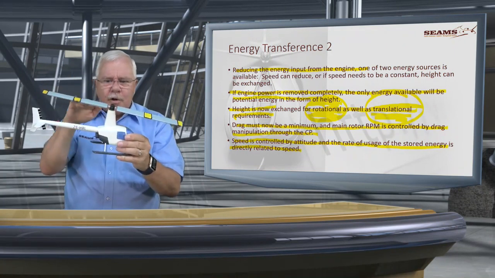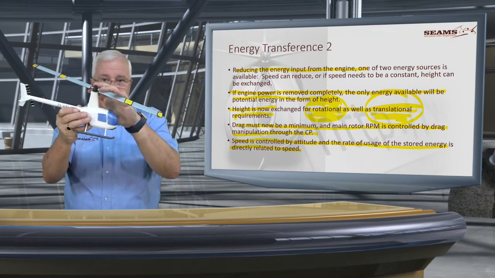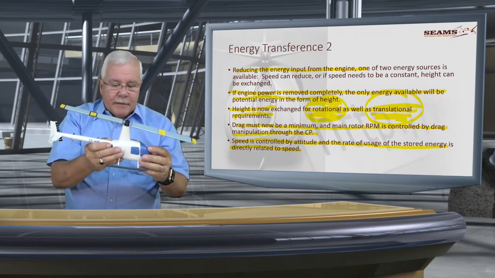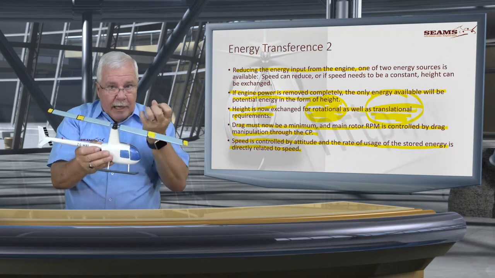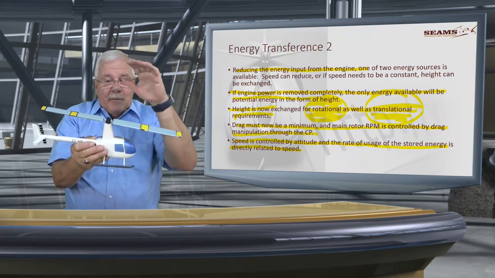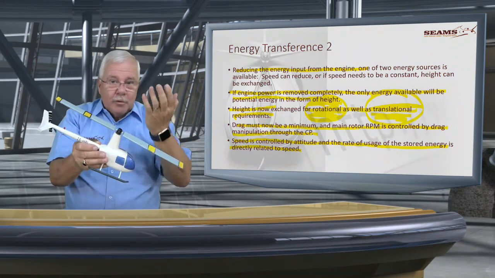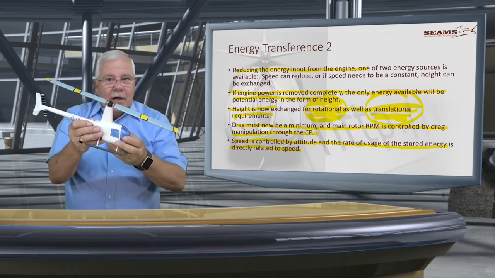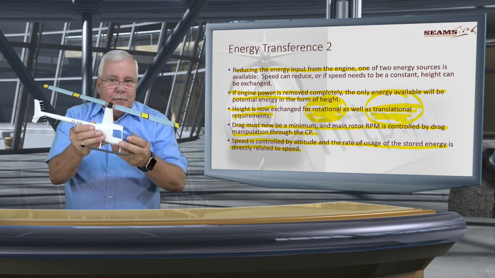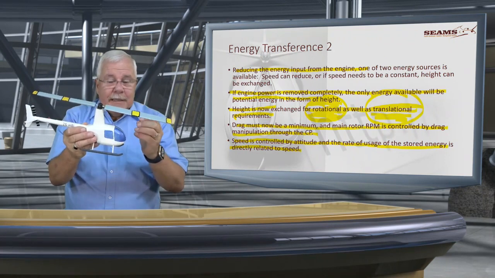So let's just work on a constant speed, at least with the drag that we've got to overcome at that moment in time. The rate of using the height up matters, because eventually there's going to be no height left. Remember, this is a vault of energy, and the quicker you go down, the quicker you're using up the vault of energy. So high speed, not always a good idea. There's other things to slightly manipulate.